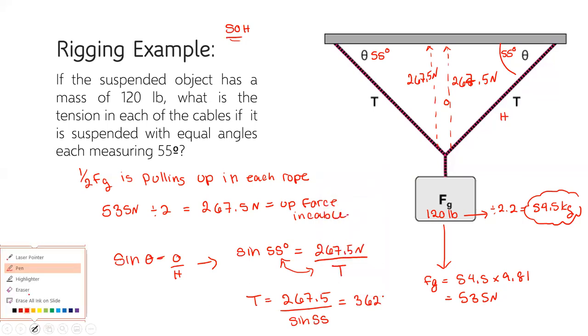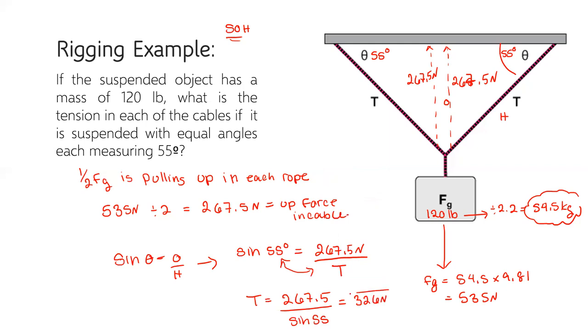I'm definitely having a dyslexic moment. Hopefully I haven't done that too many other places while we were going that I didn't catch. 326 newtons. Okay, so that's our final answer. The tension in each cable is going to be equal to 326. And this one would be 326.